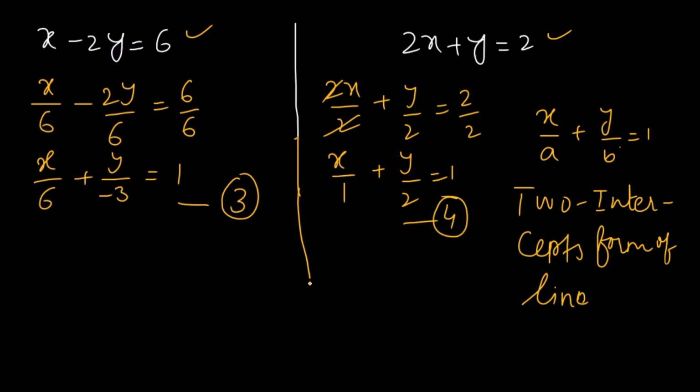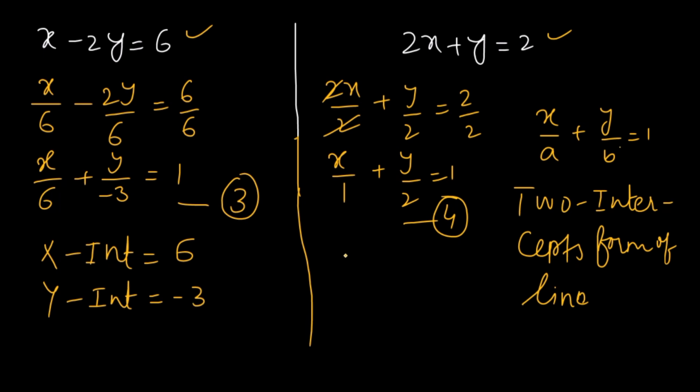Now what is the x-intercept of 3? The x-intercept is the number in the denominator of x, that is 6. The y-intercept is here, minus 3.